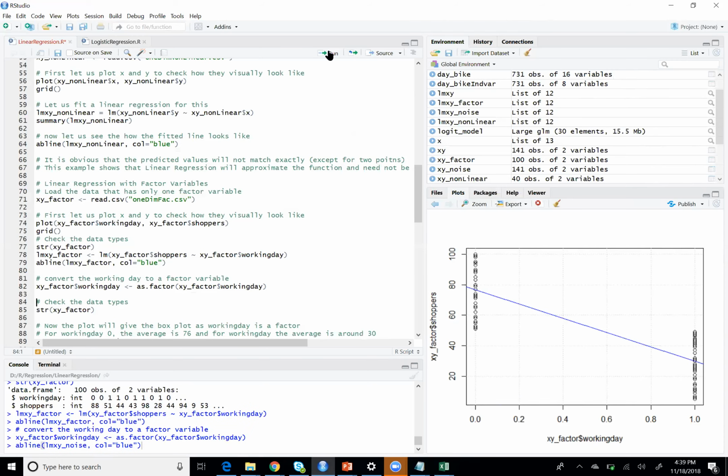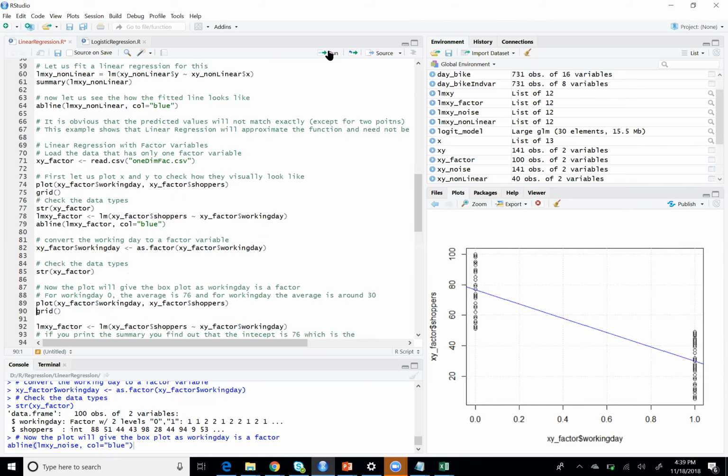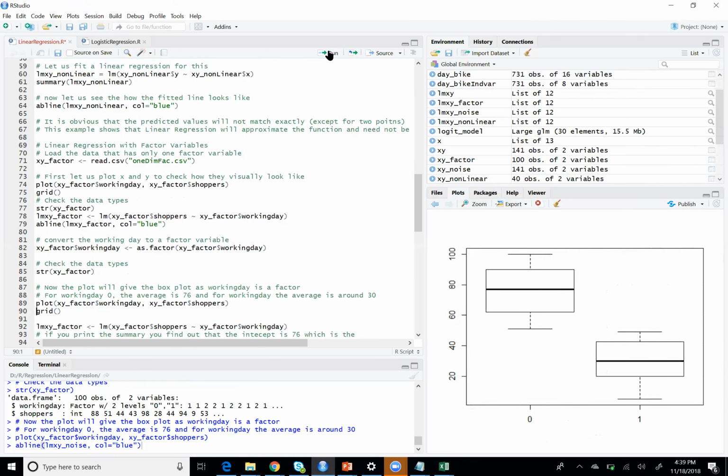So let us go ahead and see. This is how the distribution is. If you go back to the previous plot, we saw that the line runs through 78 and the other runs to 25, right? This is the box plot for each of them. When we do a linear regression for categorical or factor variables, it's the same thing.